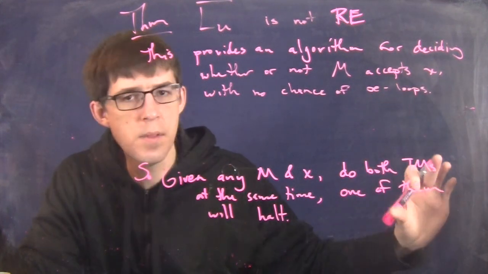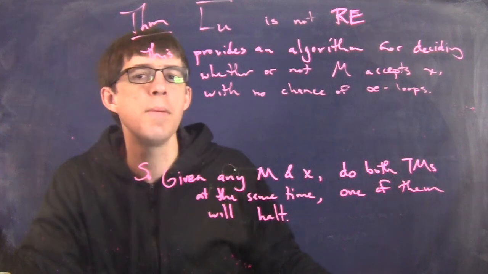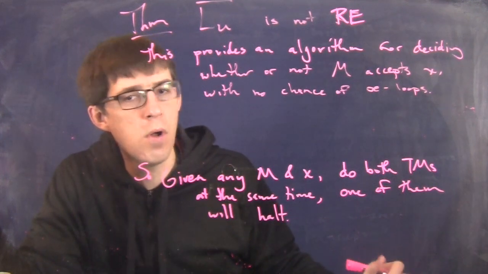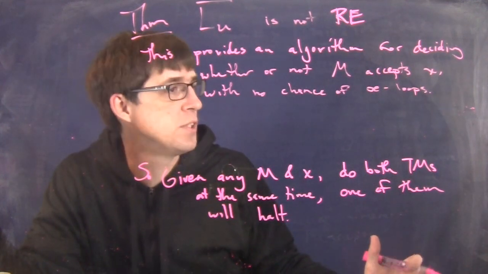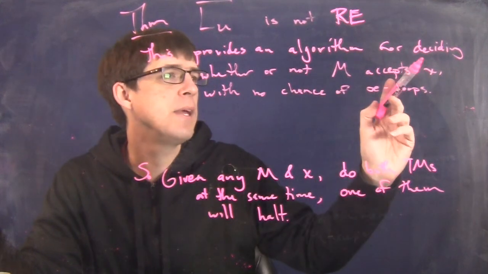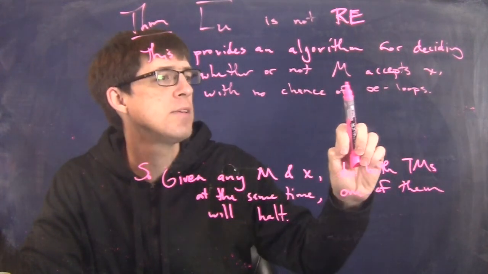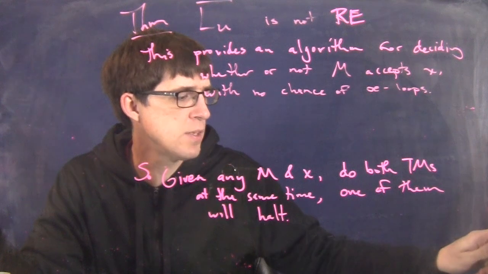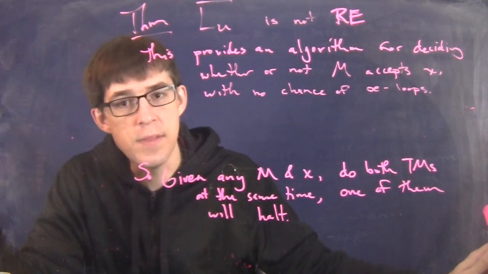Right? Because I'm running those two machines at the same time, one or the other of them will halt, and then I just stop the whole procedure. So this gives me an algorithm for deciding whether or not some Turing machine M accepts some string X with no chance of infinite loops, and that is impossible.